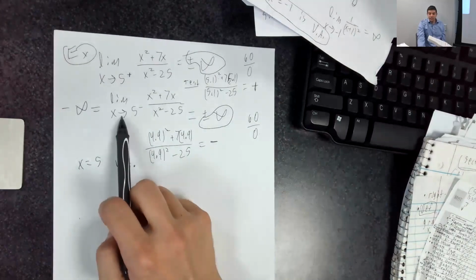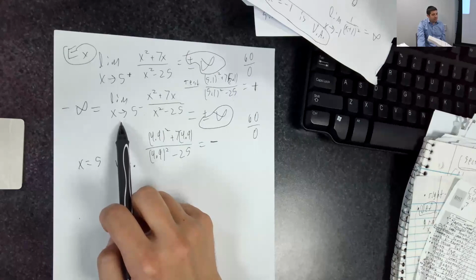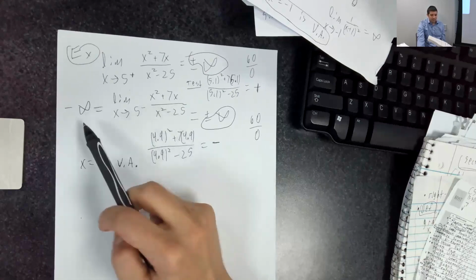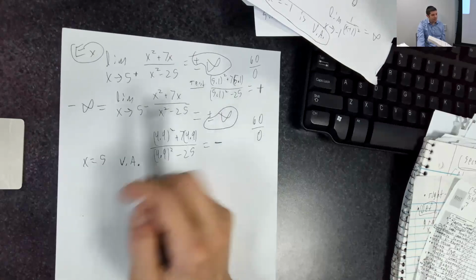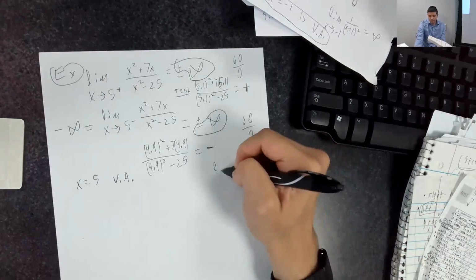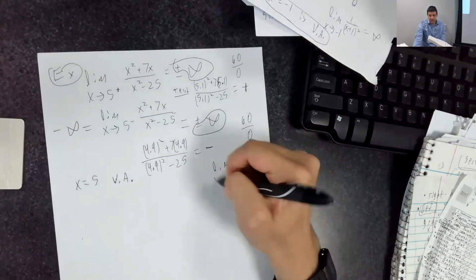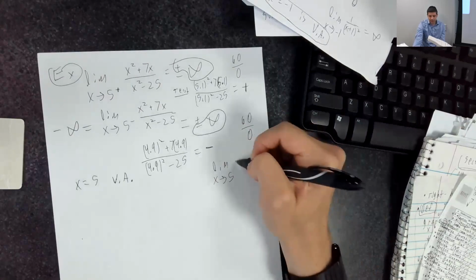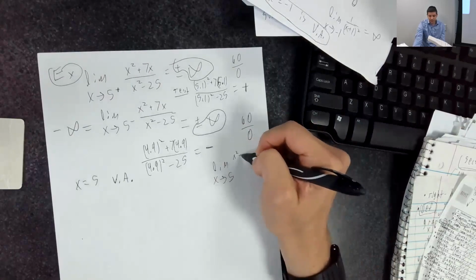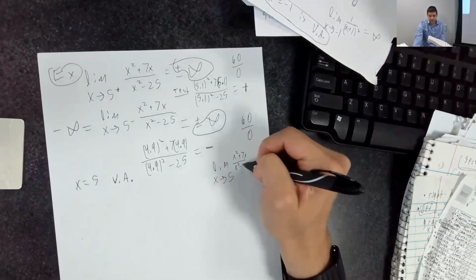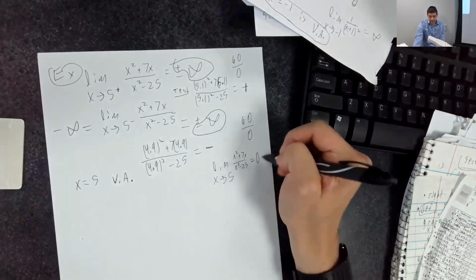What's the actual limit as x goes to 5? The left and right limits do not match. So the limit as x goes to 5 of x squared plus 7x over x squared minus 25 is going to be DNE.